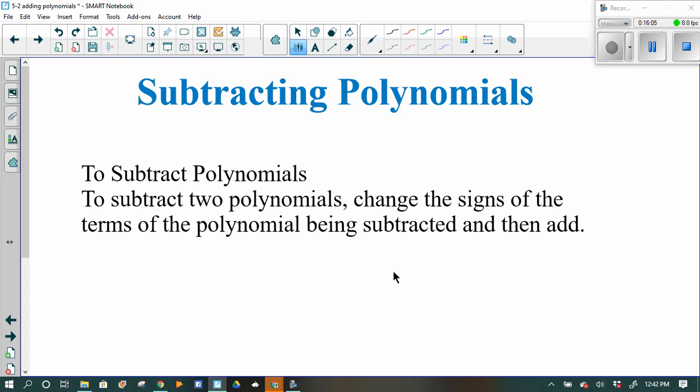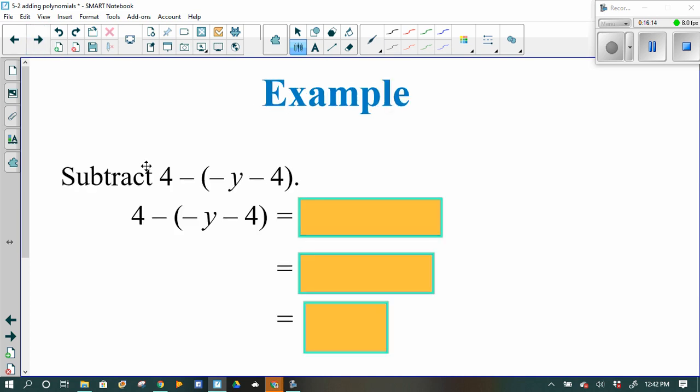To subtract polynomials is where you have to be very careful, okay? You have to be careful because of the subtraction sign. All right, so here we have 4 minus parentheses negative y negative 4, okay? So remember, that's like saying there's an assumed 1 right here.